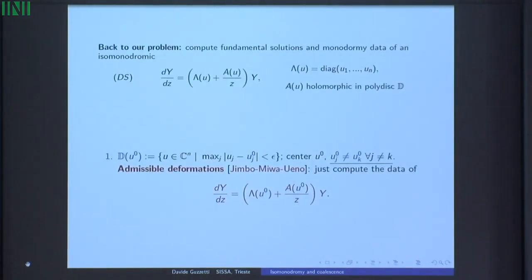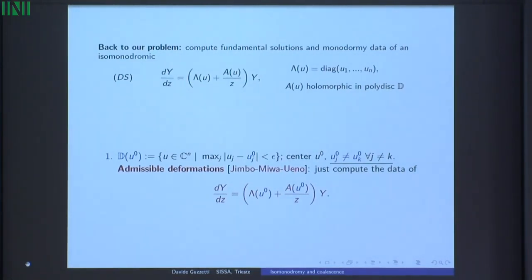So let me go back to this isomonodromic system. First of all, suppose that the matrix U has distinct eigenvalues. Here we are in the case of admissible deformations, and the theory of isomonodromic deformation in this case is very well explained, for example, in the paper by Jimbo, Miwa and Ueno.